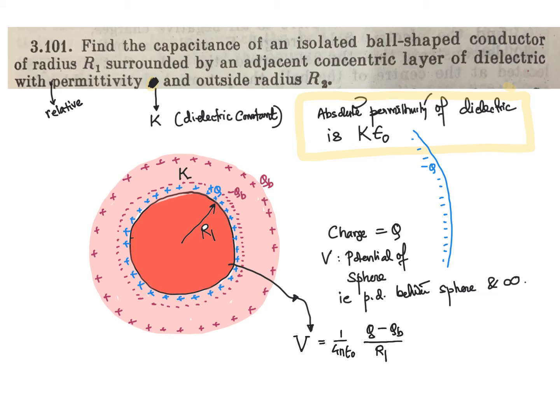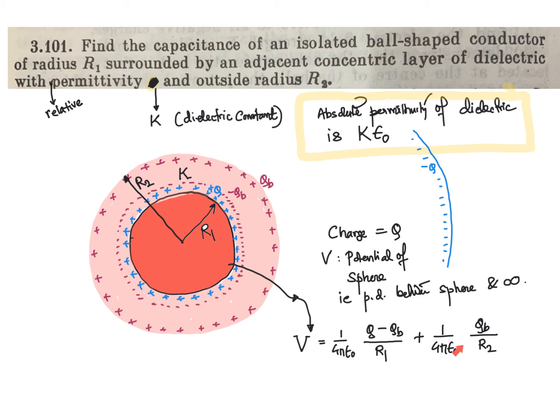We can consider two shells of radii r1 and r2 respectively. Plus Qb, now plus Qb will come by r2, because if you take the plus Qb shell, the point here, the surface of this conductor, happens to be a point inside the shell having charge Qb and radius r2.